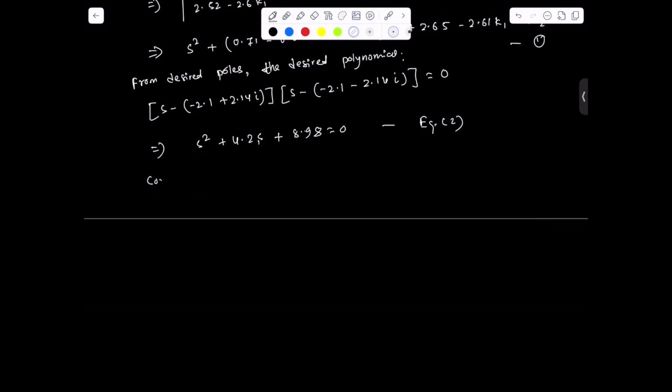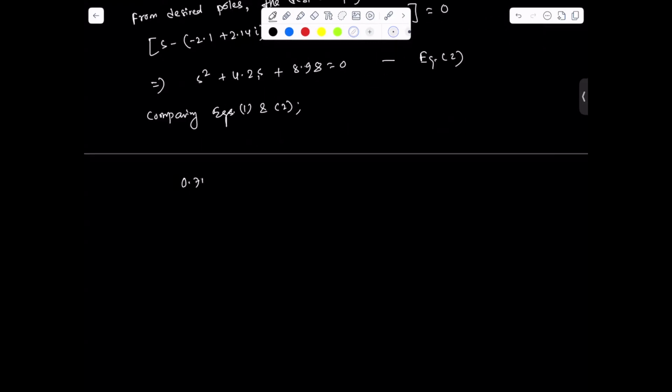Now comparing equation 1 and 2, we can write 0.721 minus 0.027 K1 minus 2.6 K2 equal to 4.2, and 2.65 minus 2.61 K1 minus 0.8 K2 equal to 8.98.